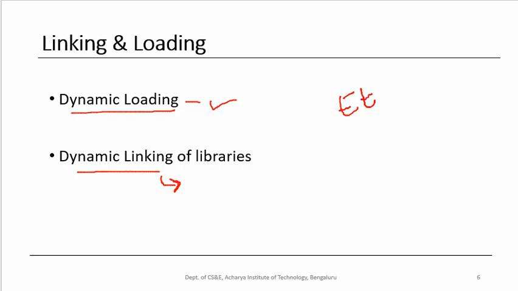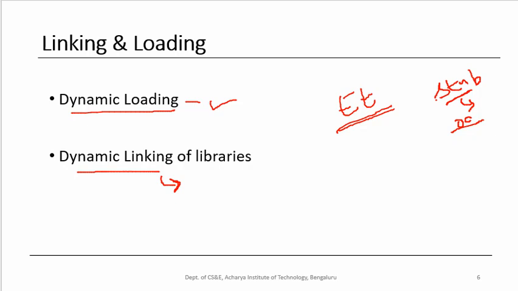During the linking and loading time, only what is known as a stub is included with the object code of the source program. I don't want to elaborate here; if you are interested, you can study more about dynamic linking. This stub is a small piece of code which has the information about where the required library is residing in memory.